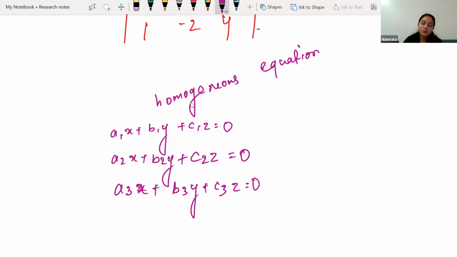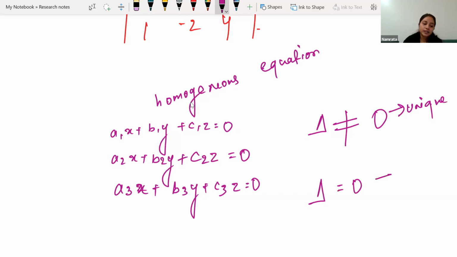Here we will have two cases only, delta not equal to 0 and delta equal to 0. When delta is not equal to 0, there is a unique solution, and when delta equals 0, there are infinite solutions.